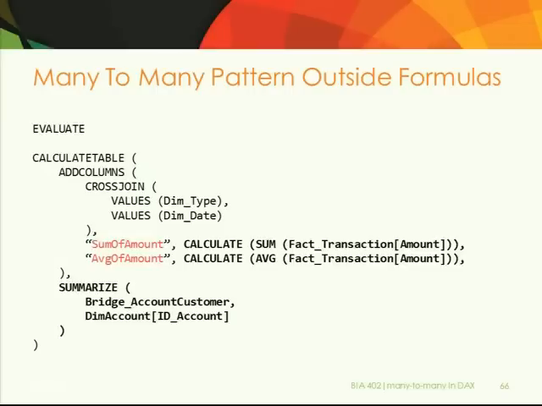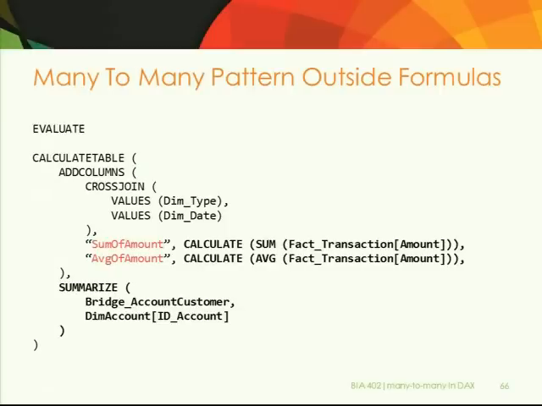In such a scenario, you can avoid repeating the many-to-many pattern in all the measures, because you use this pattern that says evaluate. Evaluate means I'm going to ask you to calculate the table, return it to me, please. Then we use calculate table.